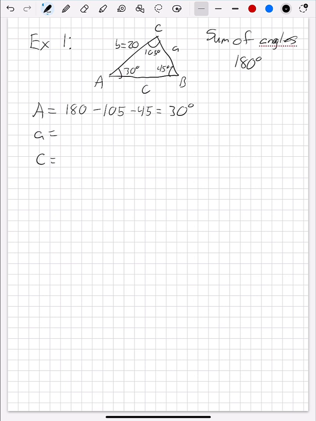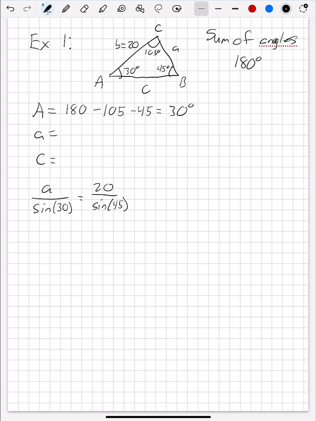All right. Now to solve for lowercase a, I'm going to say that a divided by the sine of its angle, which is 30, will be equal to, and I'm going to use b here because I have a side length for b, 20 over the sine of 45.